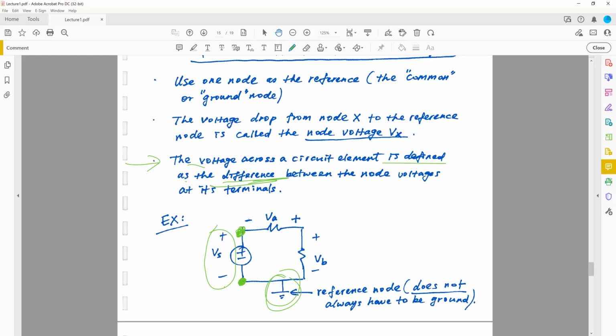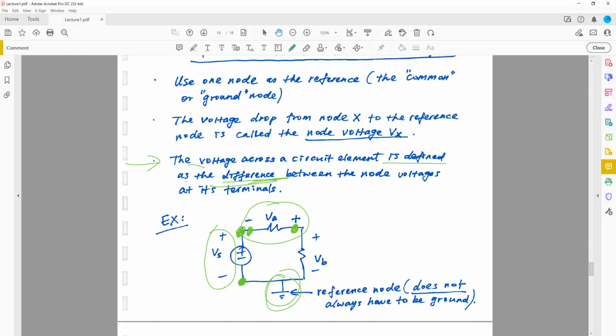Over here, I have VA. If I ask you what is VA, depending on whether I ask you to calculate the voltage from plus to minus, you will take this voltage on the right minus this voltage on the left.